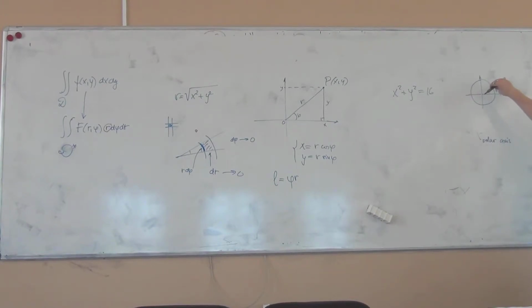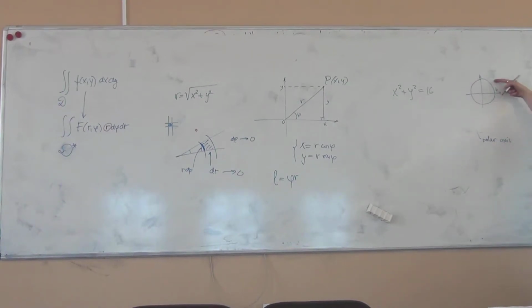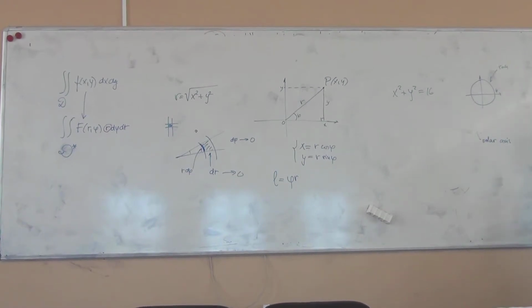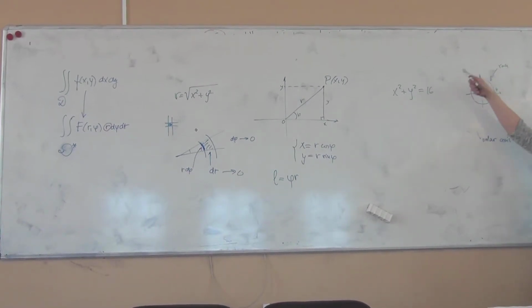The distance from the center is the same for all points of this circle. So for all values of phi, this curve is simply defined by r equals 4. And you see how it is easier to describe a circle in polar coordinates. You simply state r equals 4 for any phi. And the other seems very clumsy in comparison.